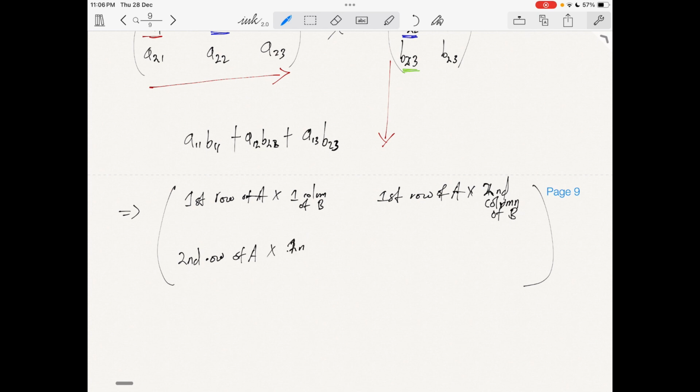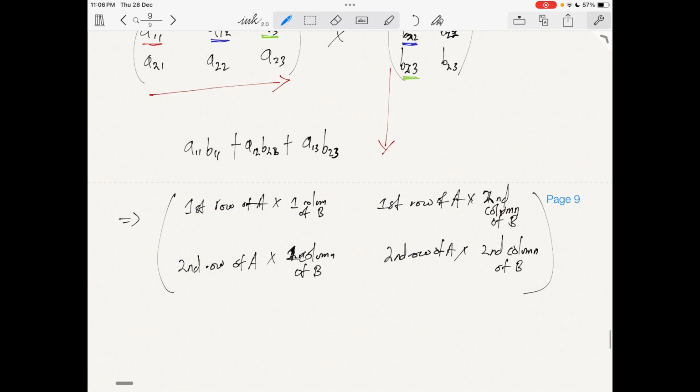We are still on the first column of B. Now this is the second row of A multiplied by the second column of B.